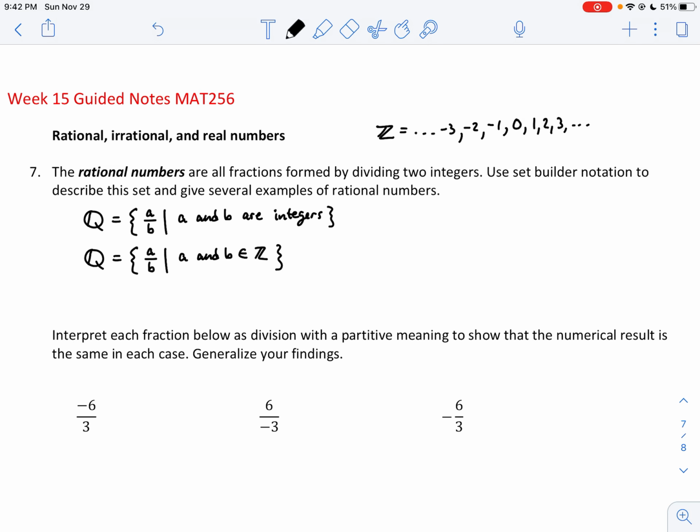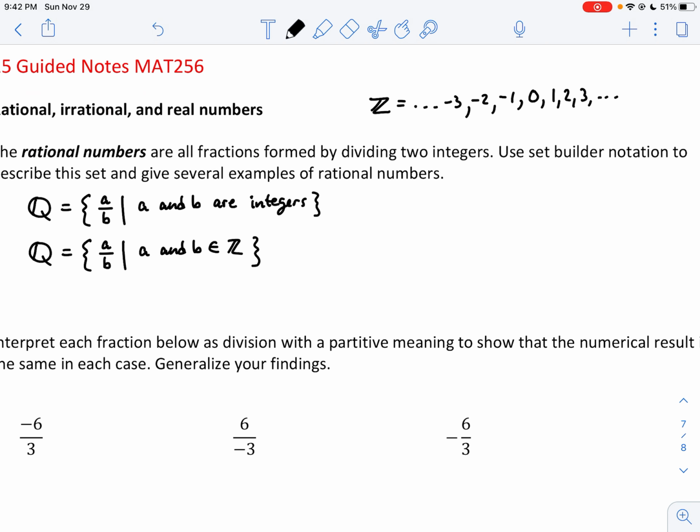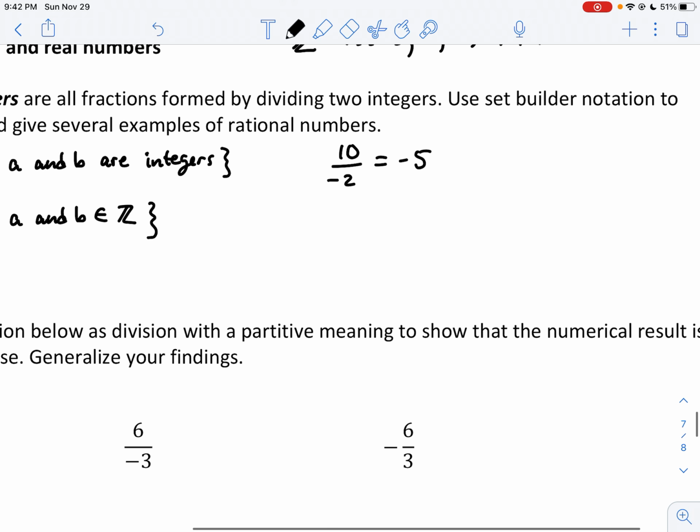Take any integer, remember it could be positive or negative, and divide it by another integer. So this is really up to you to make up a whole bunch of answers here. We could have, for example, 10 divided by negative 2. So there's a fraction of two integers. And that winds up being just negative 5. With a partitive or quotative interpretation, if you recall, 10 divided by negative 2 is negative 5.